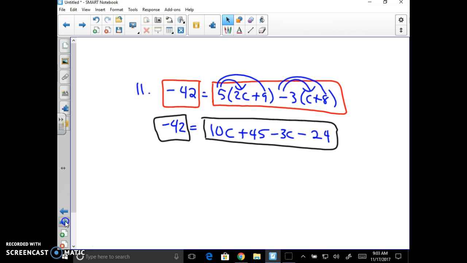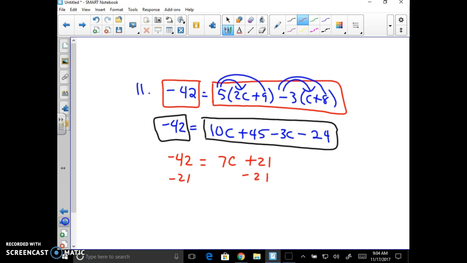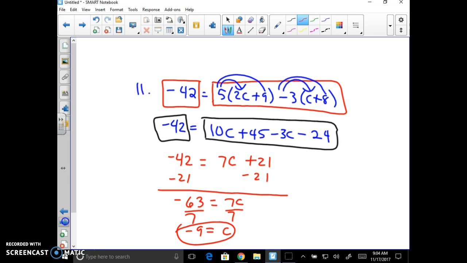Combine inside, so negative 42 equals 10c minus 3c is 7c, and a positive 45 minus 24 is a positive 21. Subtract 21 from both sides. You get negative 63 equals 7c, divide by 7, and c equals negative 9. Make sure you check that one.